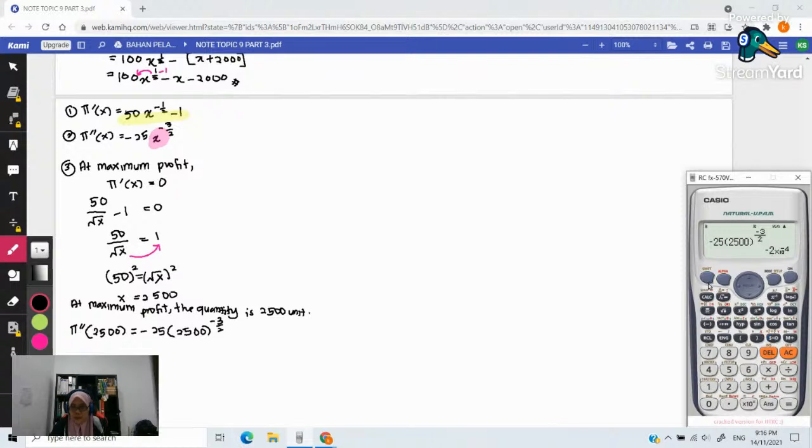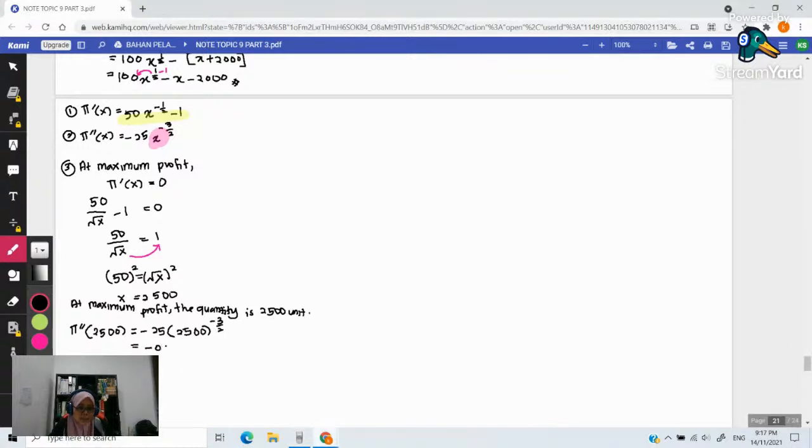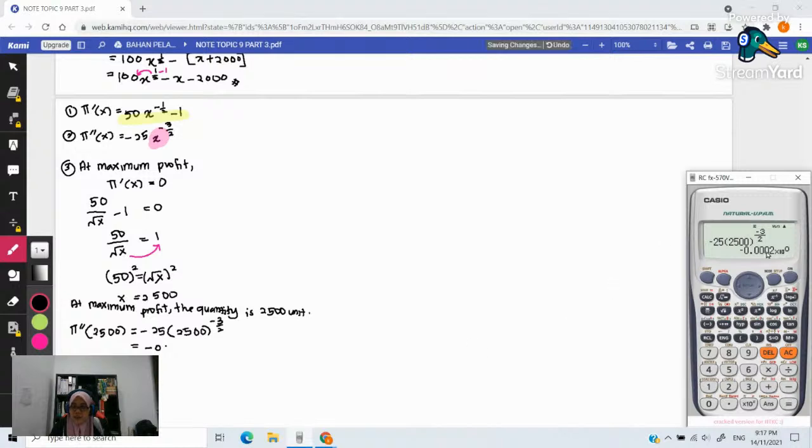Don't worry, we just press shift ENG, and again shift ENG, until the power equals 0 here. So we just take the answer, negative 0.0002. Copy again: how many 0s here? Check again. There are three 0s.